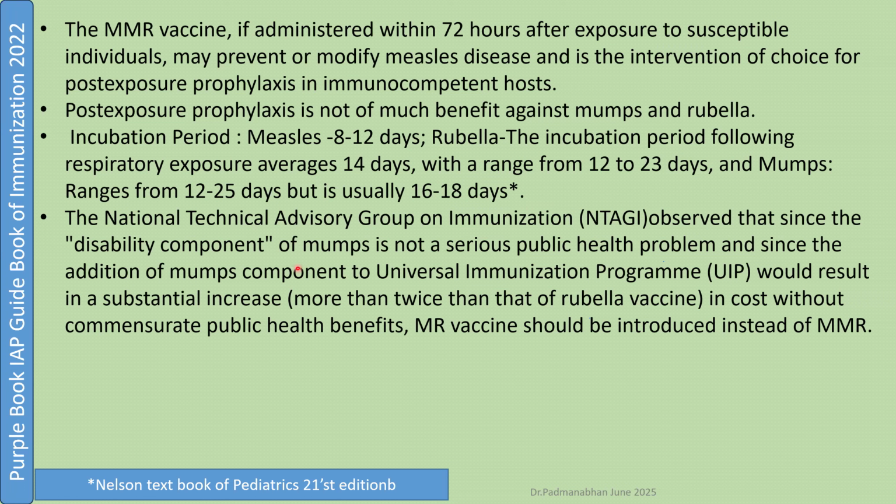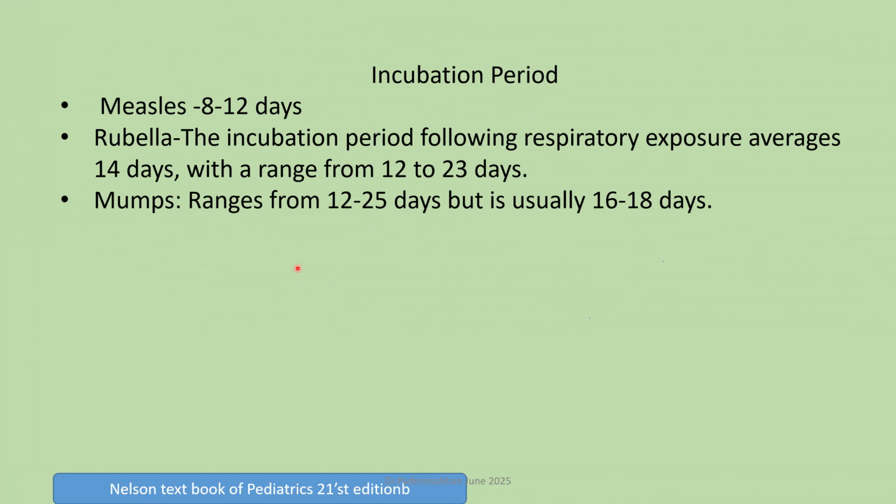Mumps usually produces unilateral deafness, is known to produce orchitis, but sterility is not that common, and it produces pancreatitis in older children. It does produce encephalitis, but it's not supposed to be very severe. But we did have severe encephalitis following mumps, and mortality also. Therefore, we are pushing for MMR vaccine also. Remember this. Okay.